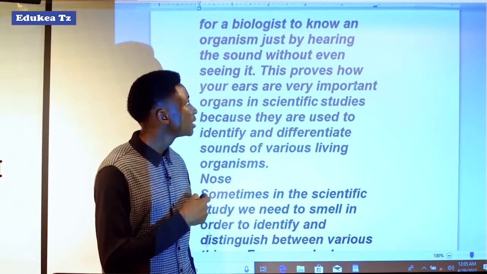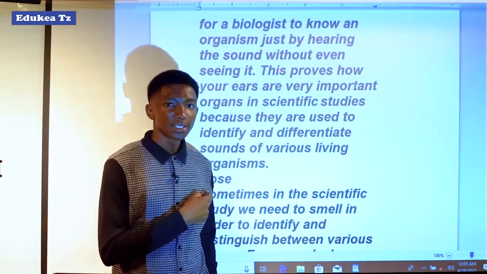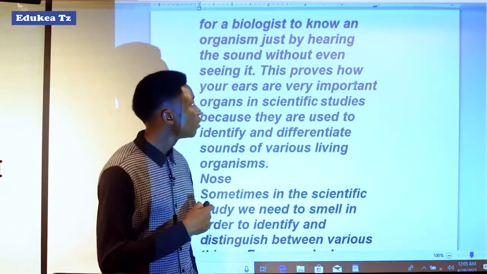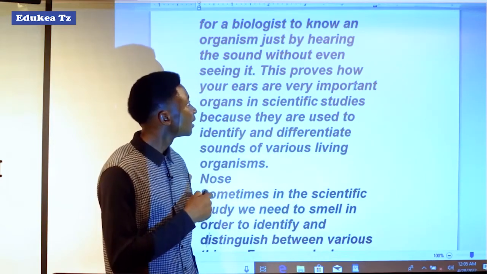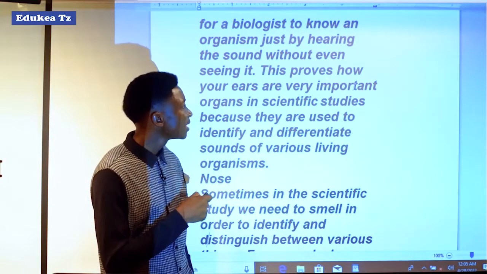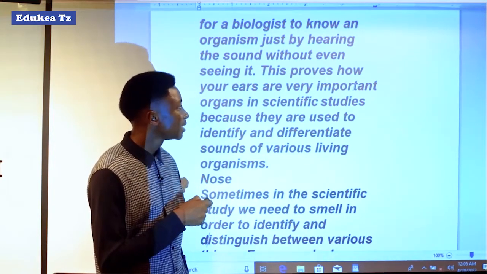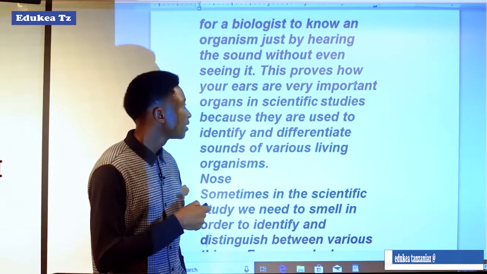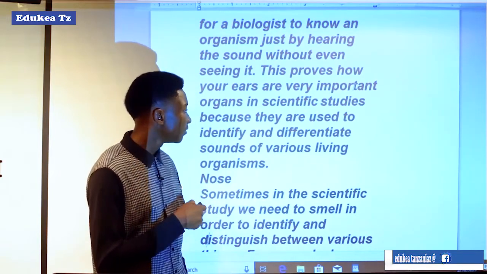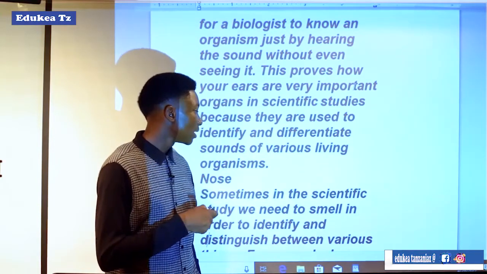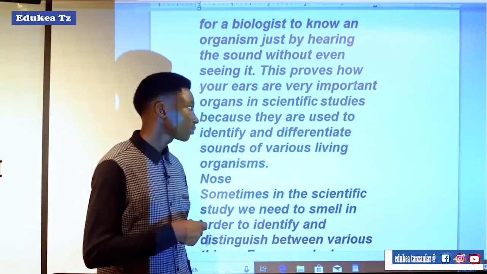If you are a biologist, because there is a classification of living organisms, you can do the search by sound. This proves how your ears are very important organs in scientific studies, because they are used to identify and differentiate sounds of various living organisms.